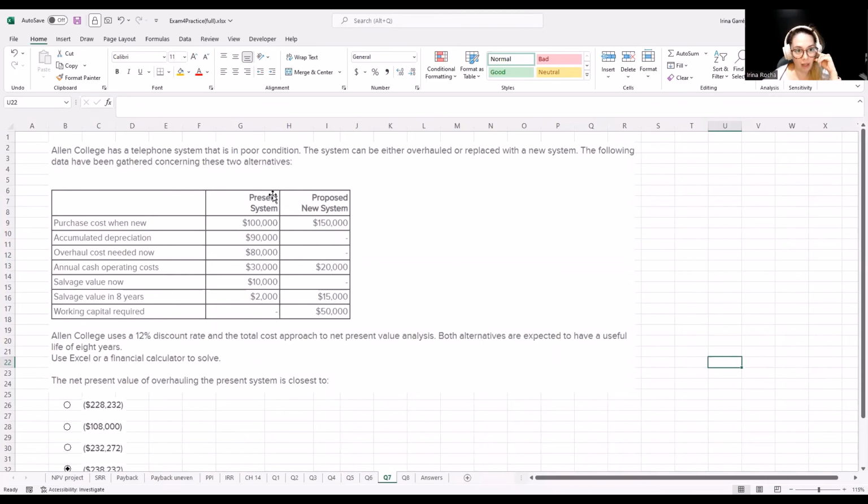Allen College has a telephone system that is in poor condition. The system can be either overhauled or replaced with a new system. The following data have been gathered concerning these two alternatives. Allen College uses a 12% discount rate and the total cost approach to net present value analysis.